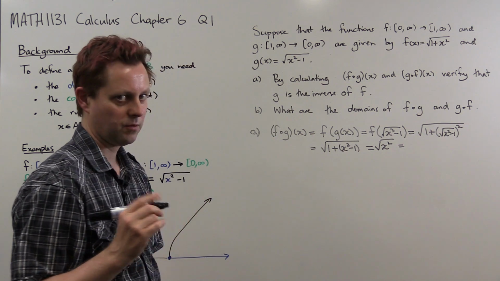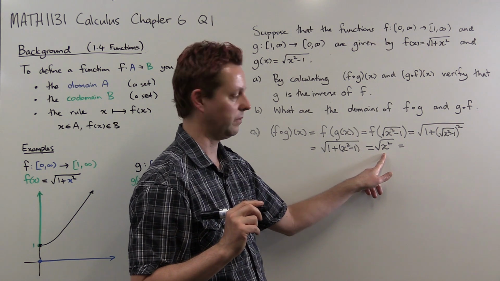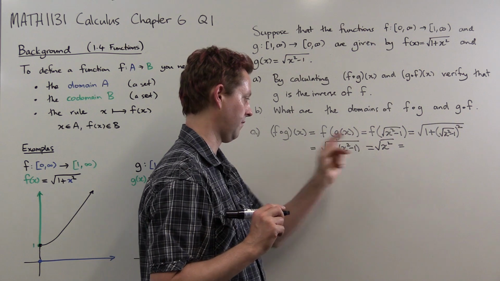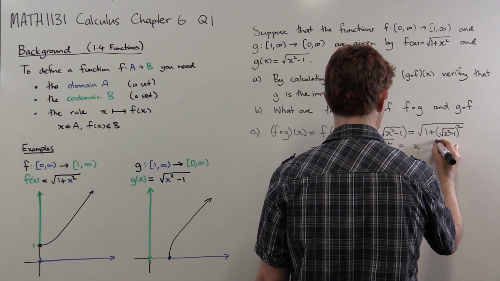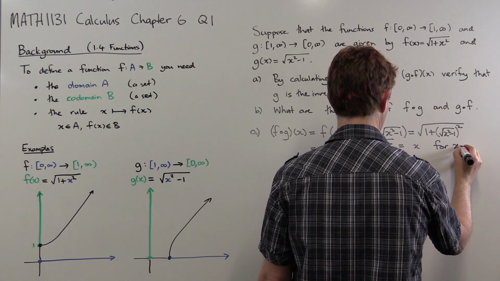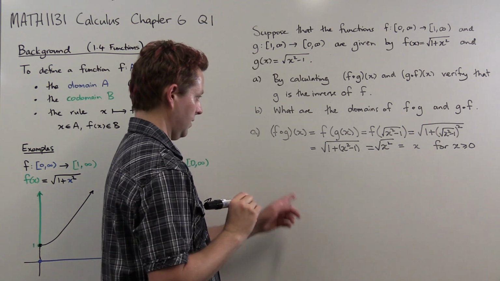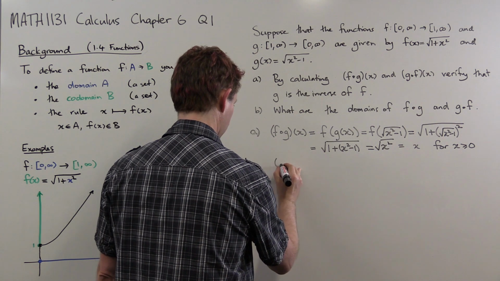And the square root of x squared is actually the absolute value of x, but if we start out with a positive or 0 value for x, then this will just get us back to x again. So this is x, I'll say it's x for x greater than or equal to 0. And maybe we'll come back to that from part B, just to see if that makes sense.